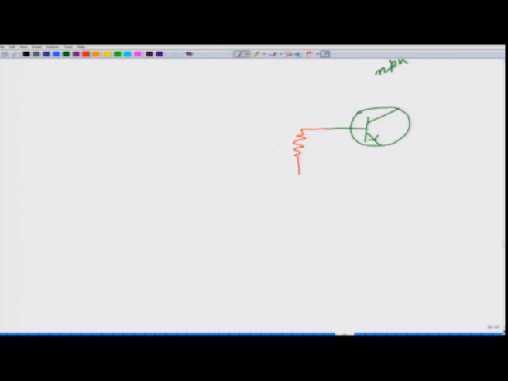So, you have a resistance, you can call it RB because it is connected to the base. Then you have a battery and then it is connected here to the emitter. What we are drawing is a very simple circuit just to tell the principles. The actual circuit will have many other things. And from the collector side again you have some resistance which you called RL or RC, and then again a battery.